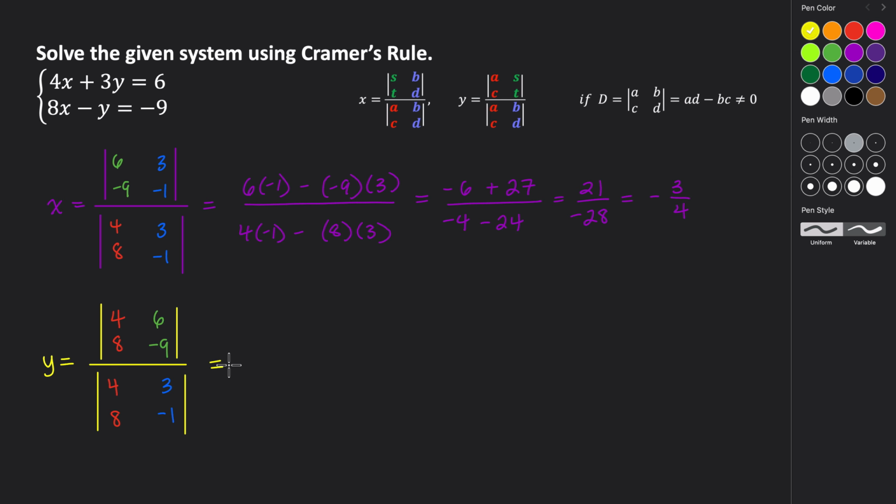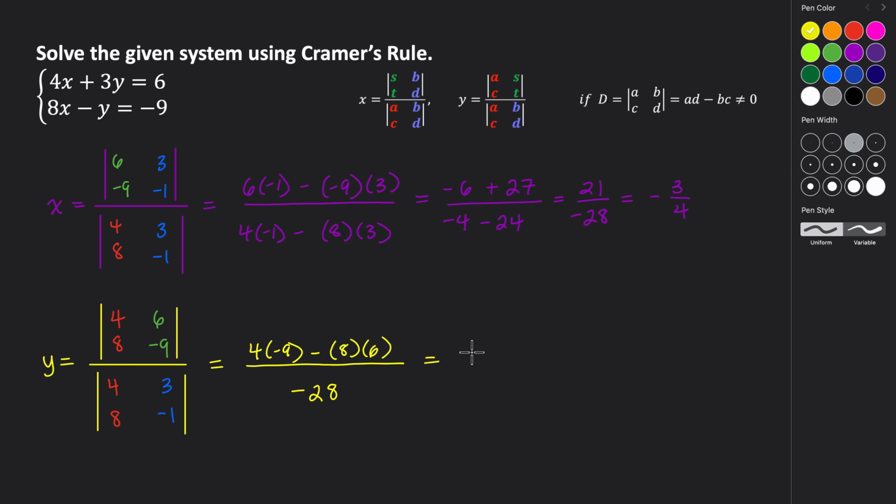So go through and simplify. We know that the denominator simplifies to be -28 because we did all of that work up above when we were finding the x-coordinate. So let's go through and do the 4 times -9 minus 8 times 6.